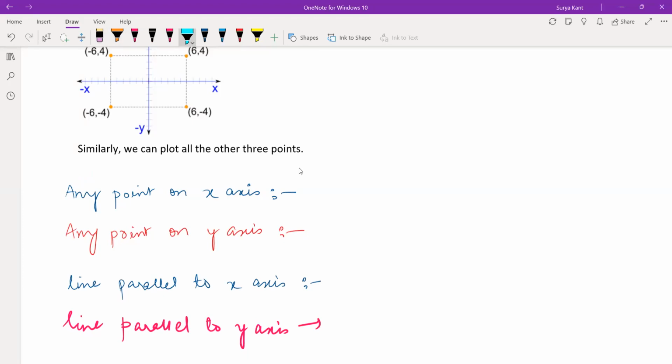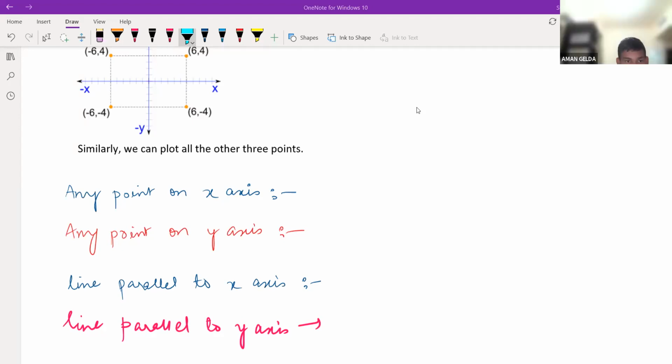I got a few answers over here. Spandana has mentioned 0, 1, a point on the y-axis. Very good. Aman, 6, 2, what did you mention? Where does it lie? Sir, a line parallel to the x-axis.